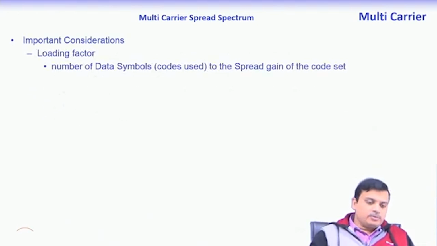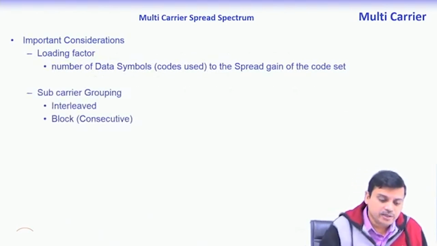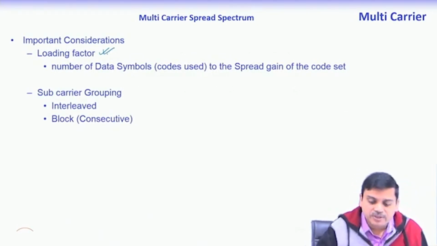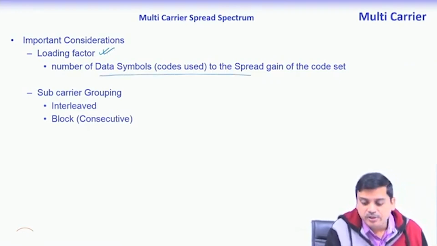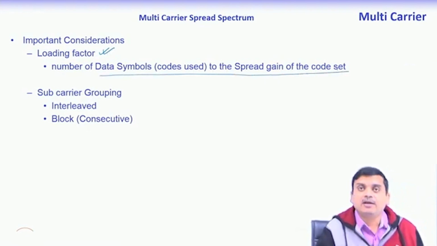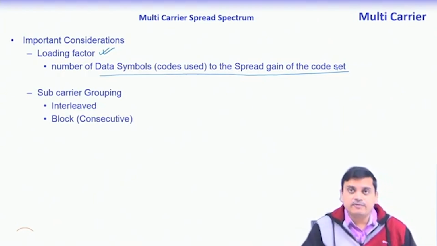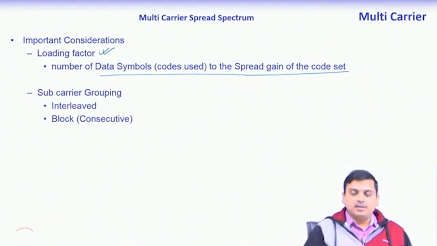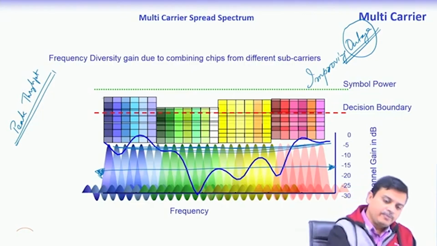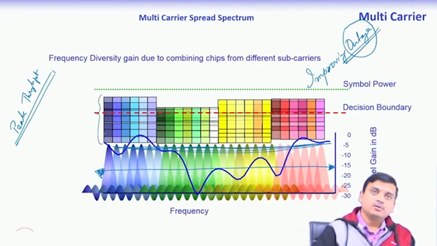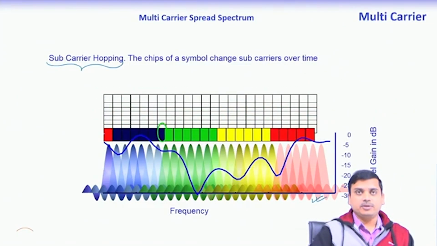So, some of the important considerations over here is the loading factor, which means the number of data symbols to be used relative to the spreading gain of the code. We have discussed the variable spreading factor when we were discussing the third generation system. Similar things can be adjusted over here, that means you can use a variable spreading factor, or instead of putting so many symbols, one can reduce the number of symbols.